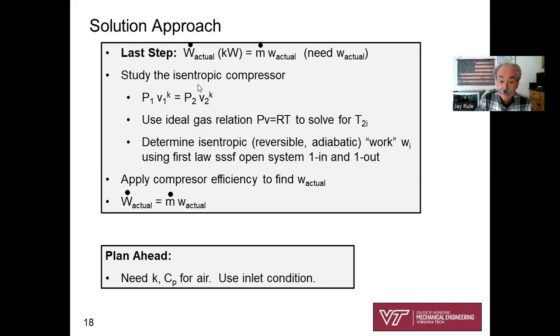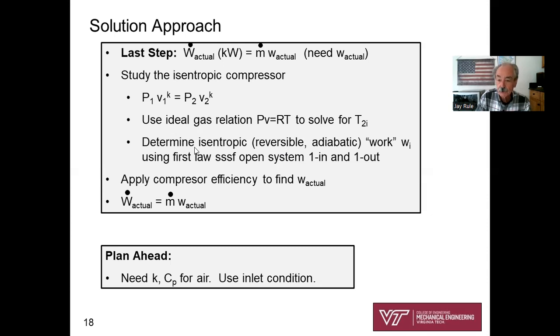Now, isentropic compressor, ideal gas constant specific heat, P1V1 to the K equals P2V2 to the K. We're going to need an expression for T2I equals. I'm going to show you how to do that. You should be able to do this derivation without going to a formula sheet. We'll go through that in a second.